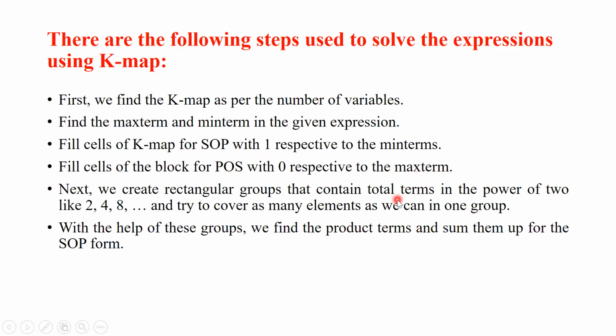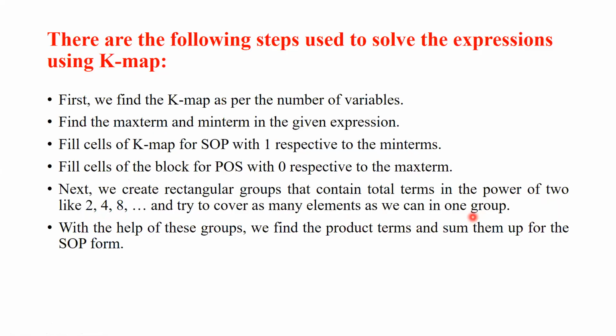Then the step is grouping. And what kind of grouping will we do? We will create rectangular groups. Those rectangular groups should also be in powers of 2. So we will make groups of 2 blocks, 4 blocks, 8, and we will try to cover as many elements as possible in one group.